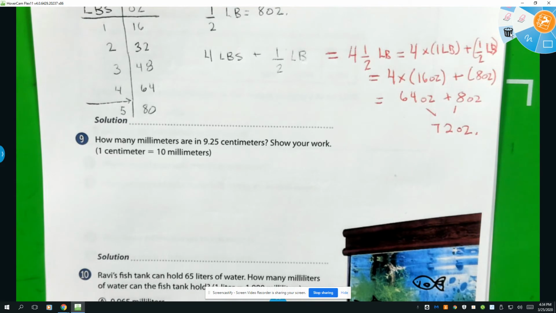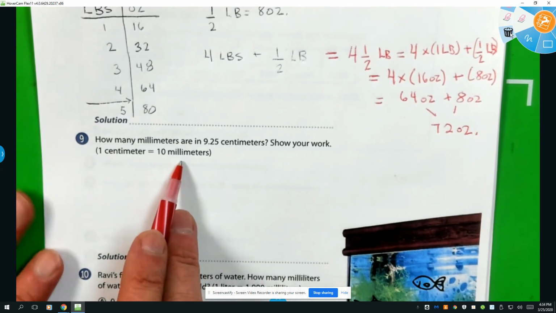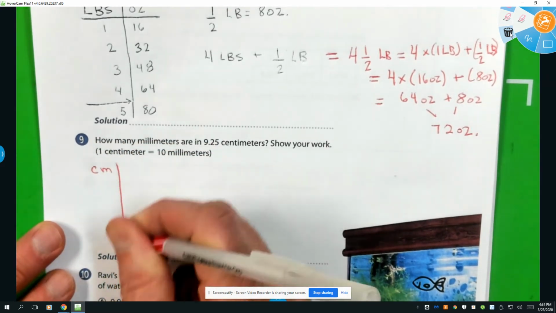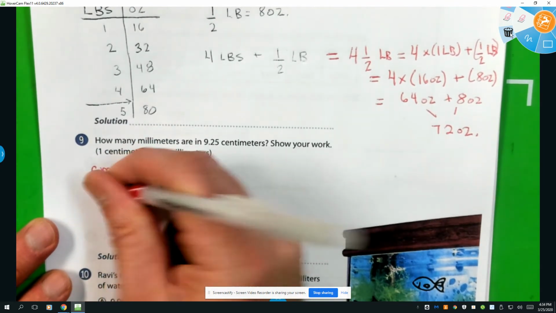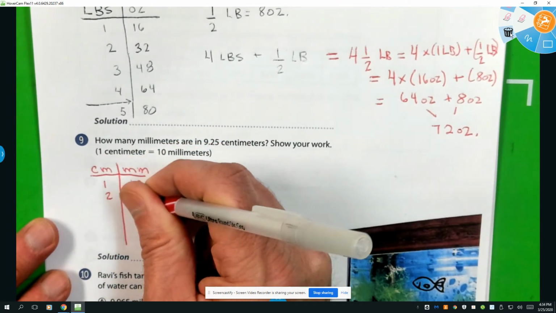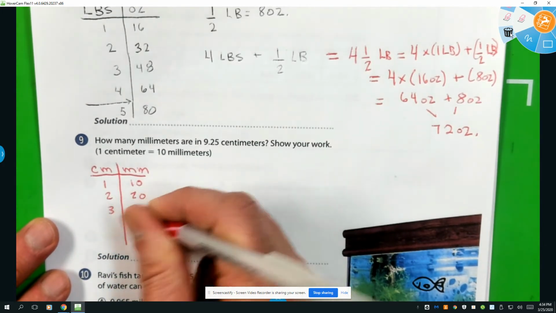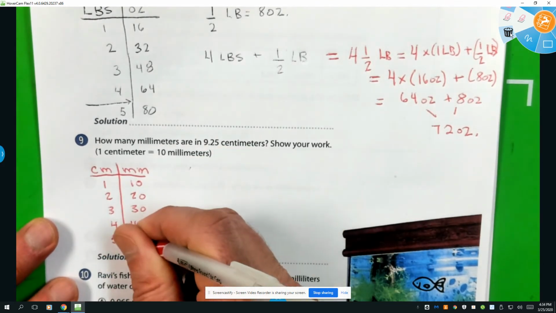All right, let's go on to the next one. How many millimeters are in 9.25 centimeters? Show your work. 1 centimeter equals 10 millimeters. So, centimeters, millimeters, 1 centimeter, 10 millimeters. 2 to 20, 3 to 30, 4 to 40, 5 to 50.